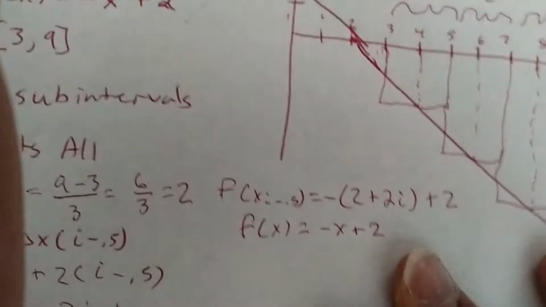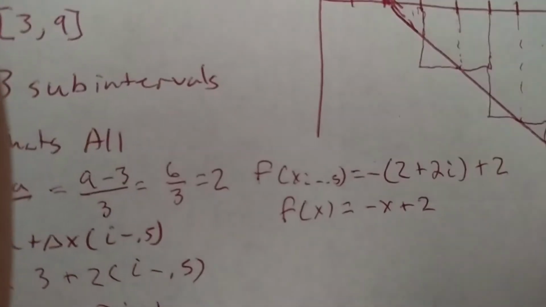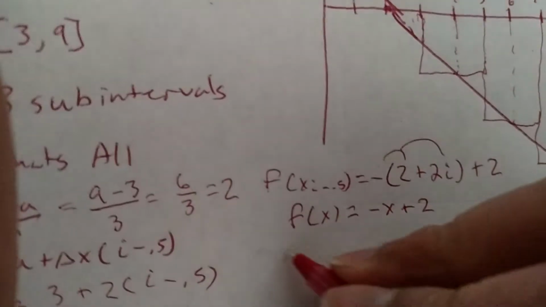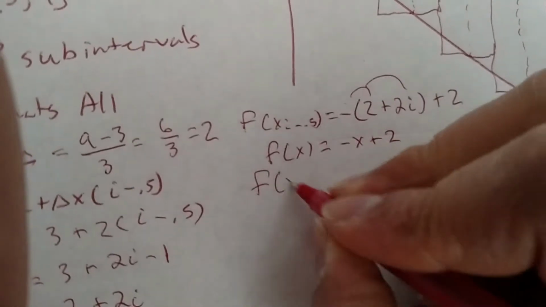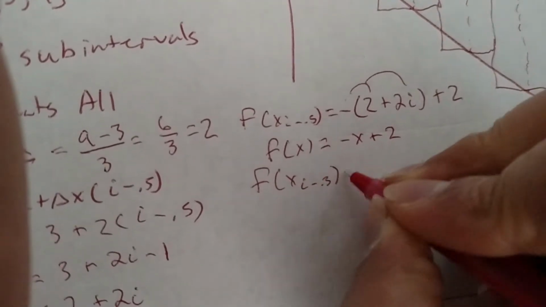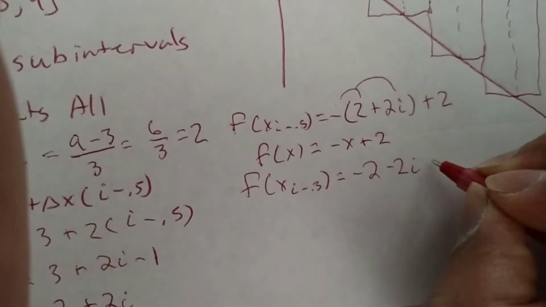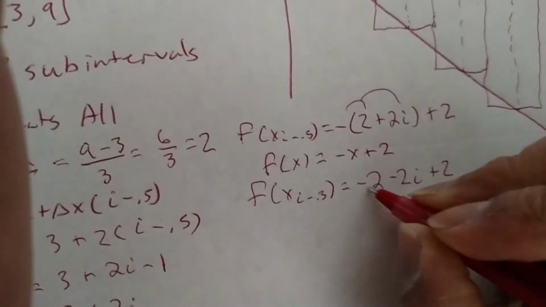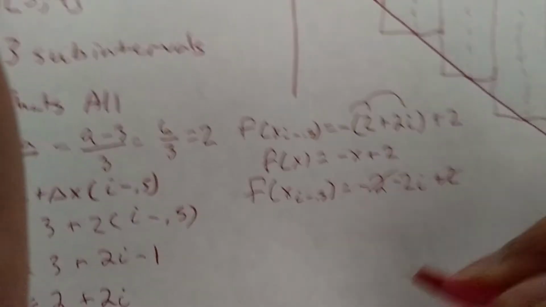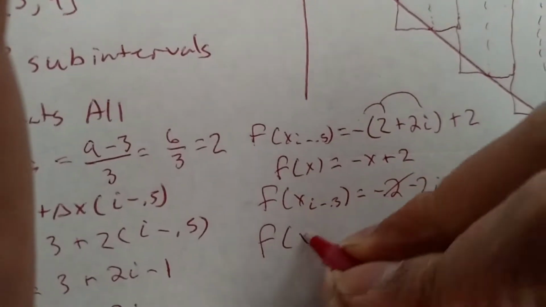Now we're rocking and rolling. Let's distribute and combine like terms. That's negative 2 minus 2i plus 2. Wow, those cancel. That's awesome. This is going to be a great, easy problem.